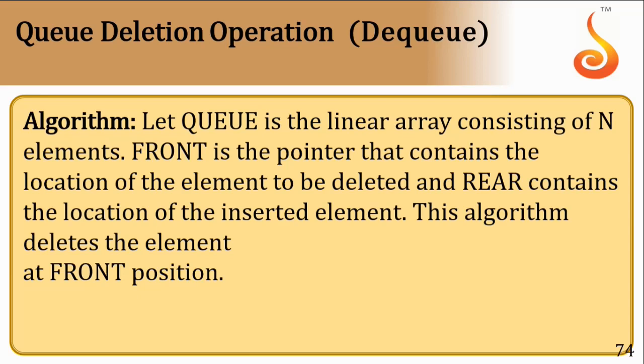That is, n minus 1 is connected to the 0th location. Deletion happens from the front, so the first element deleted would be the 0th location element, right? So rear would go to the 0th location after n minus 1, so that you can go on inserting data into the queue as long as you delete data from it.